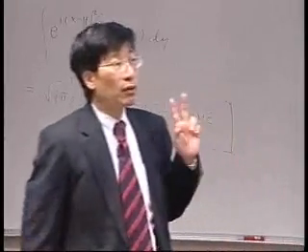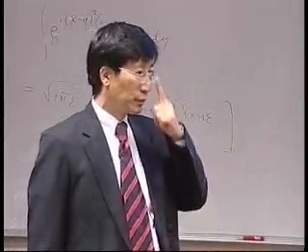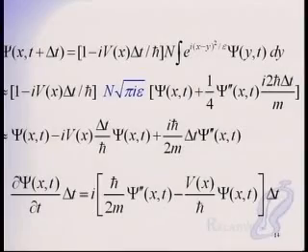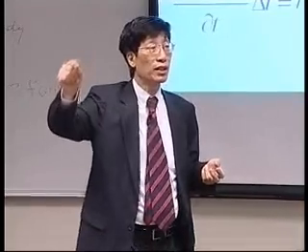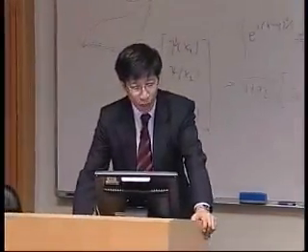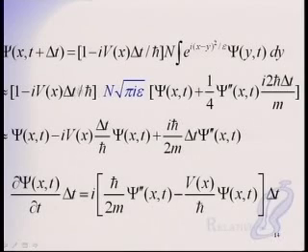Now, look at the part in blue. I haven't told you what the normalization constant is. But it must be chosen in such a way that it gives the correct answer when delta t is exactly equal to 0. So if I look at delta t exactly equal to 0, what would happen? Forget about the blue part. If delta t goes to 0, this term goes away. This term goes away. So the black part would simply give you psi of x and t.